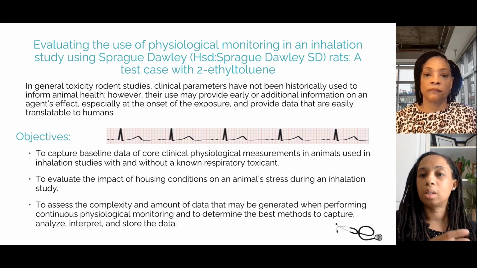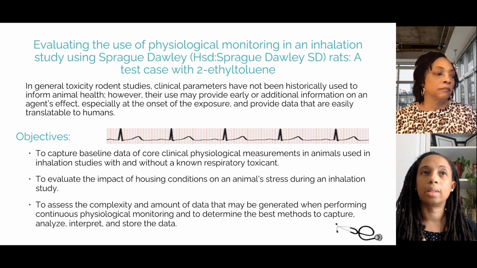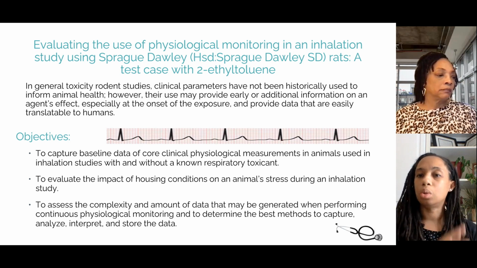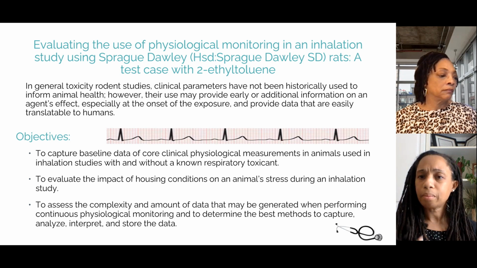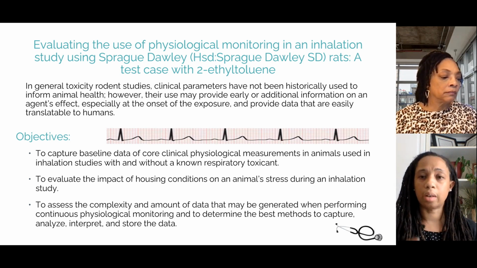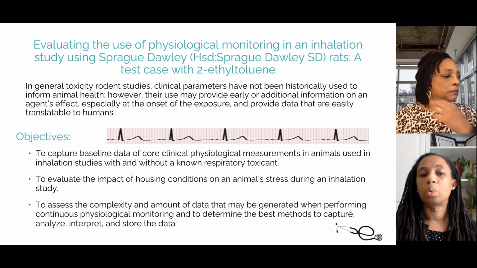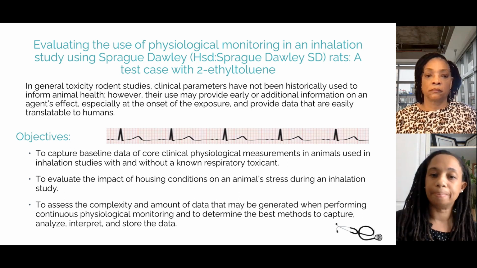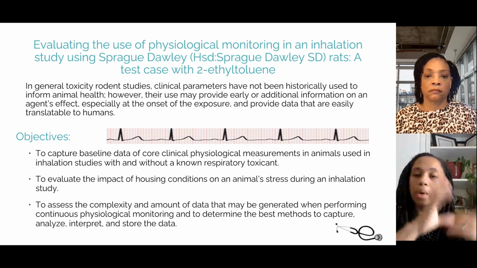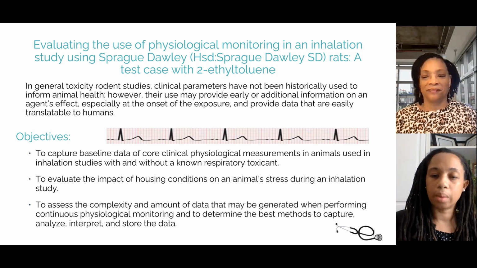Is there any impact on the housing conditions and how we're monitoring stress? This also has a really good additional animal welfare component: are we seeing things change as we use different toxicants in our studies? We chose one of our more complicated studies, with inhalation, to test this out. Another goal of ours was to look at the complexity in the data that was going to be generated from this and help work through it. We're working on the study throughout the year, and we're this close to getting it into our vivarium.